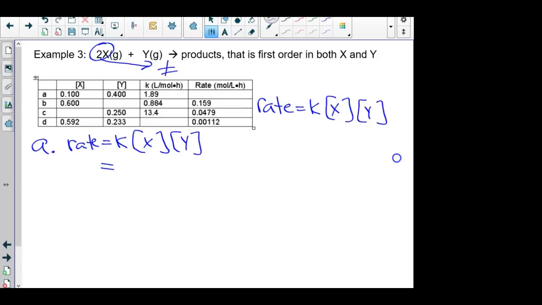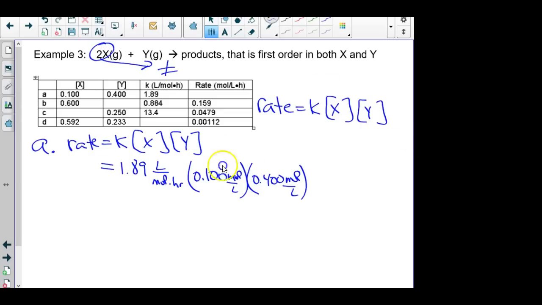I'm going to plug in my rate constant, 1.89 liters per mole hours, times my concentration of X, remember that concentration is moles over liters, times my concentration of Y. Square brackets mean that you're putting moles over liters in.